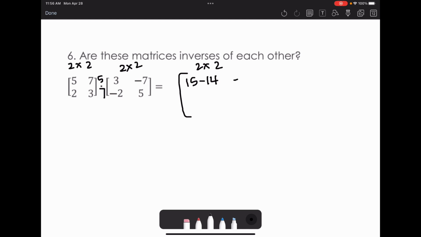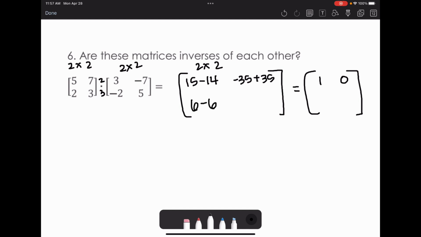So that's negative 35 plus 35. So far, so good. That's 1, 0. And then we're going to take our second row and put it here. And that's 6 minus 6. And then negative 14 plus 15. So that's 0, 1. So are these matrices inverses of each other? Yes, because this is the identity matrix of size 2.